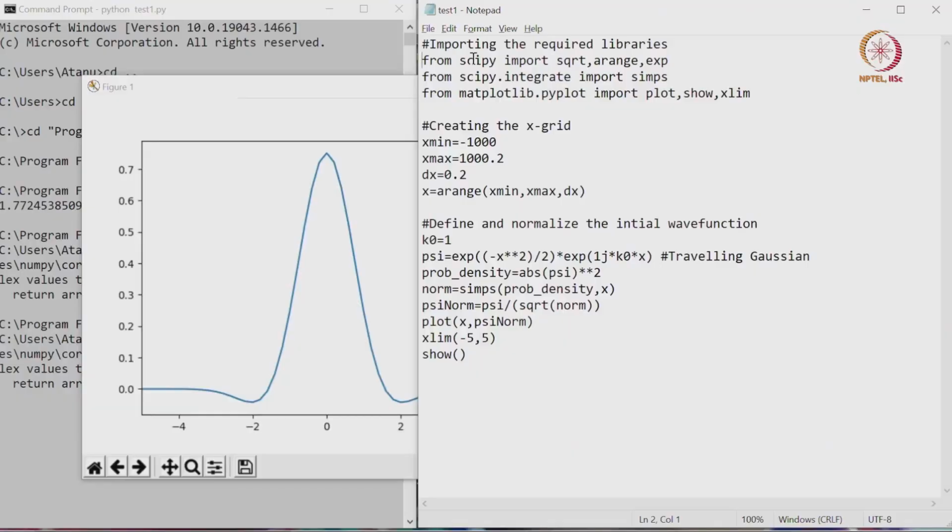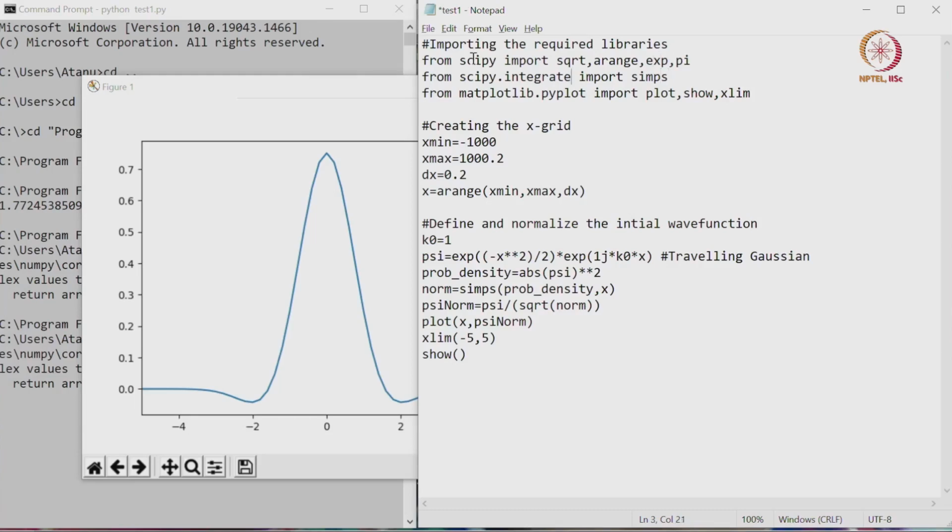So, the first few lines will be kept here. From SciPy we have to import the same square root functionality, arange functionality, exponential functionality. In addition to that, I will also import pi, and there is a reason why we are importing pi, because for preparation of the K grid I need this pi.